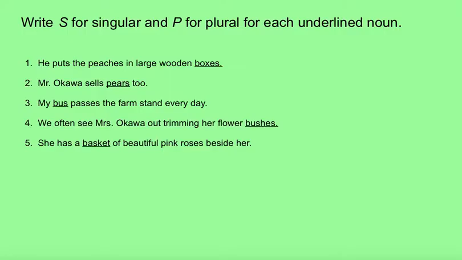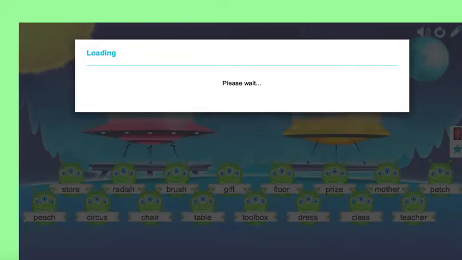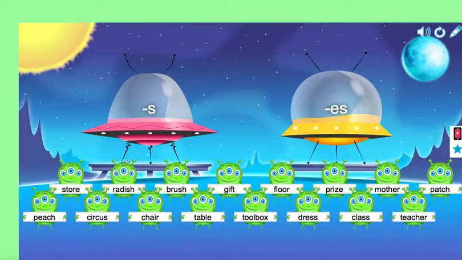So later on, you're going to be using the smartboard and participating in some activities, but I want to go over it with you. One of the things you're going to be doing is playing a game. You'll be sorting some of these little guys into how you would make them plural.